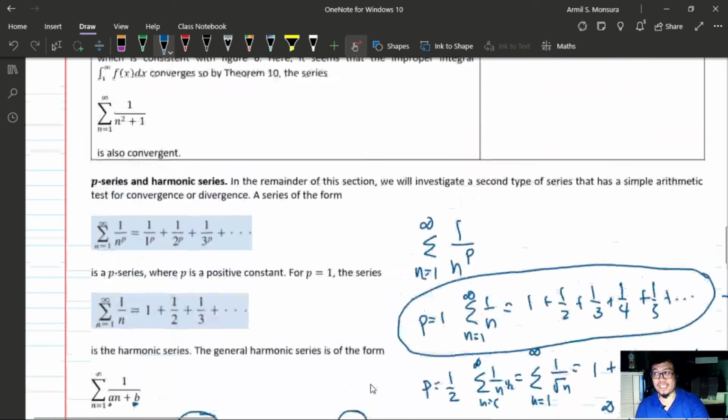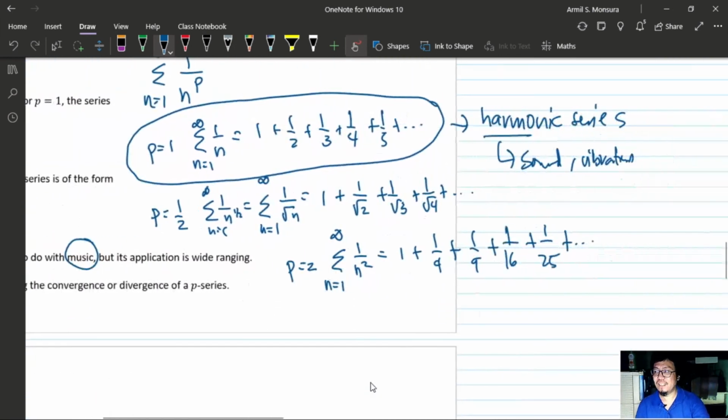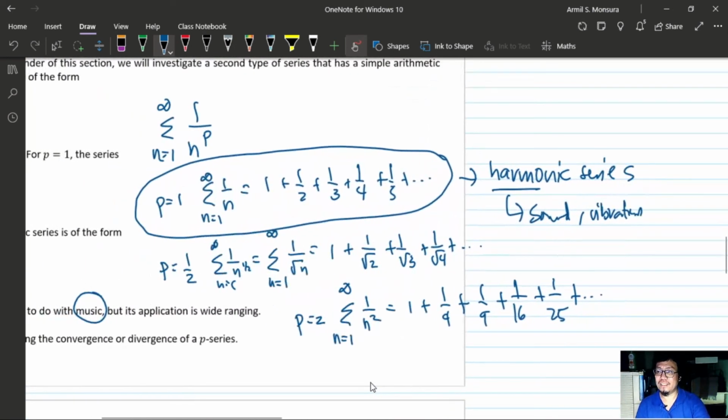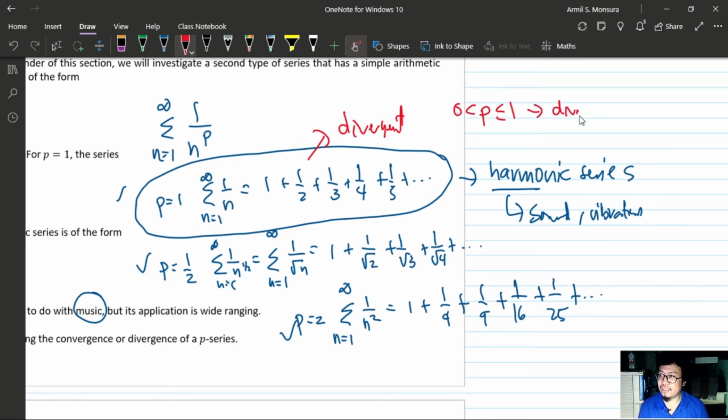In this case, I have given here three P series: when P equals 1, P is 1/2, and when P equals 2. Of all these three, this is divergent because, again, P between 0 and 1, the P series is a divergent series.